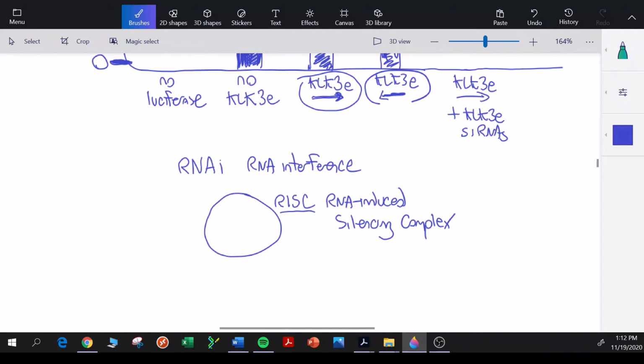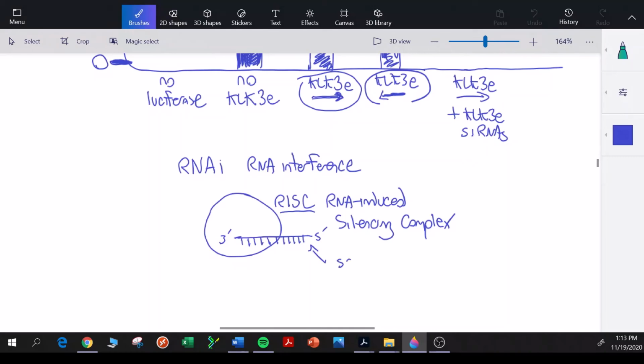or RISC for short. Now, what RISC does, it binds to these short interfering RNAs. And the short interfering RNAs, they start as double-stranded often, but in the RISC complex, they are single-stranded.